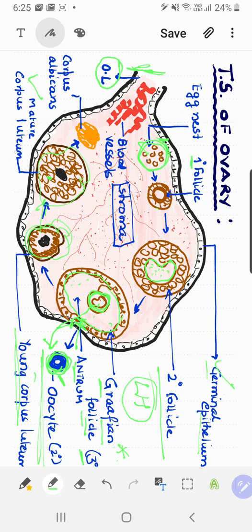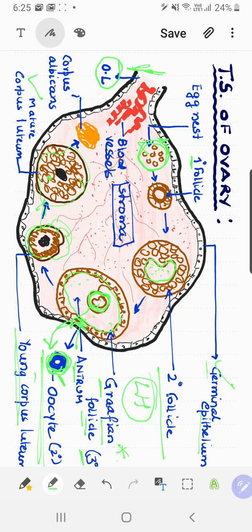But if this corpus luteum is not required by the body, because we know that progesterone is the pregnancy hormone, right, children? Pregnancy hormone means this high level of progesterone would always support the pregnancy in the body. But in case the female is not pregnant, a high level of progesterone is not needed.